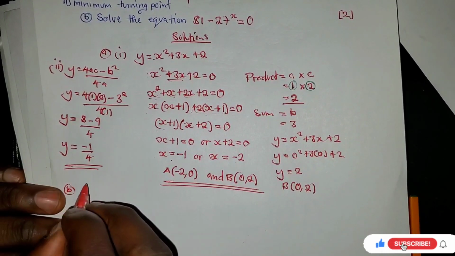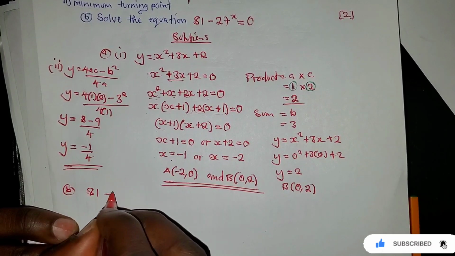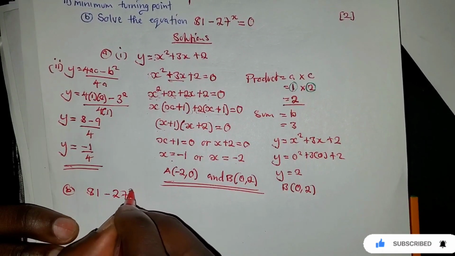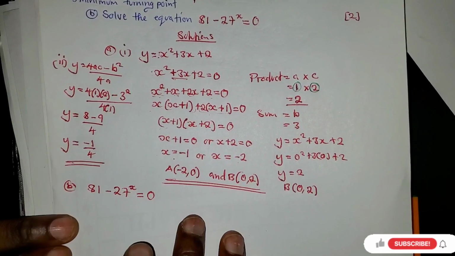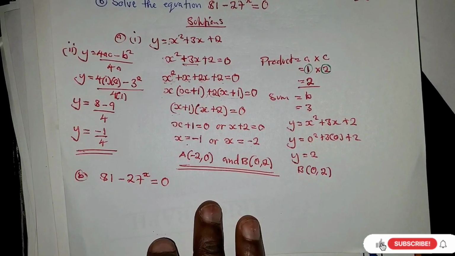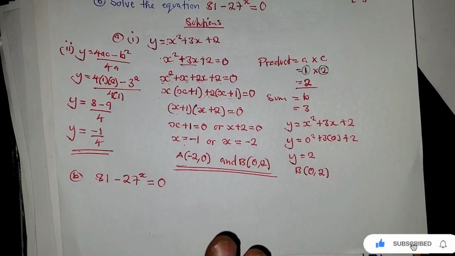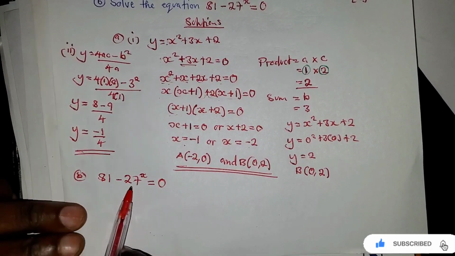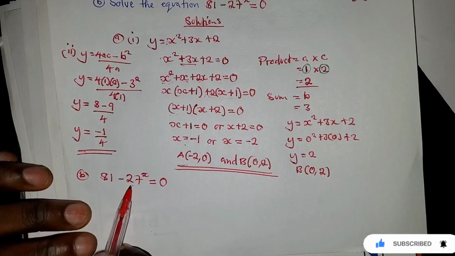We are asked to solve the equation 81 minus 27 to the power x is equal to 0. Listen very carefully. So here, let's just leave the number which has an x on the left side.